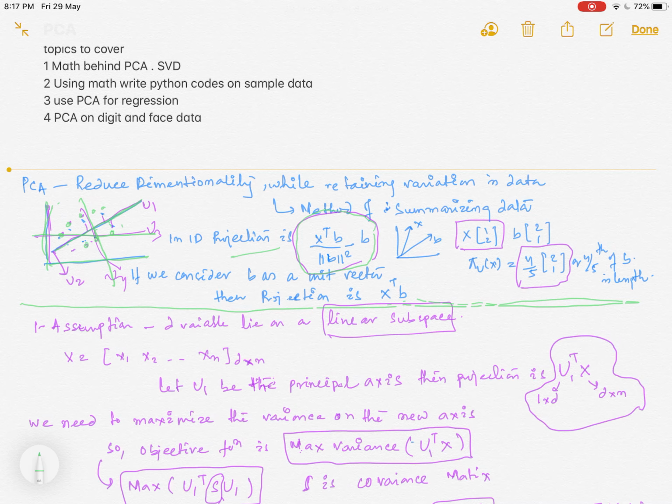Say x has the coordinates 1 2 and b has the coordinates 2 1, so the projection will be 4 by 5 of (2 1), or 4/5 of b, which is the length. Similarly we can carry out the projection for other points as well. One of the assumptions in PCA is that the d variables lie in a linear subspace.